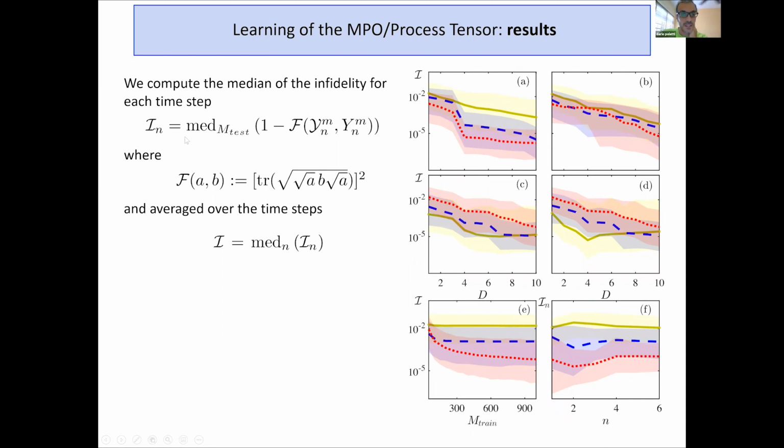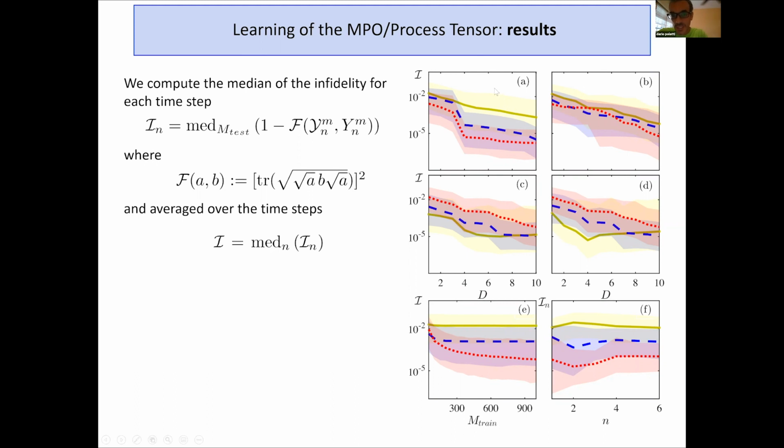Okay, and in the plots here that I will describe in detail in the next few slides, what I'm going to show is that all the lines represent the median infidelity that we measure. Okay, and you want the infidelity to be very small. So small values is good, and the width of these curves is an error bar, which shows the 95th percentile confidence of finding the values inside there.